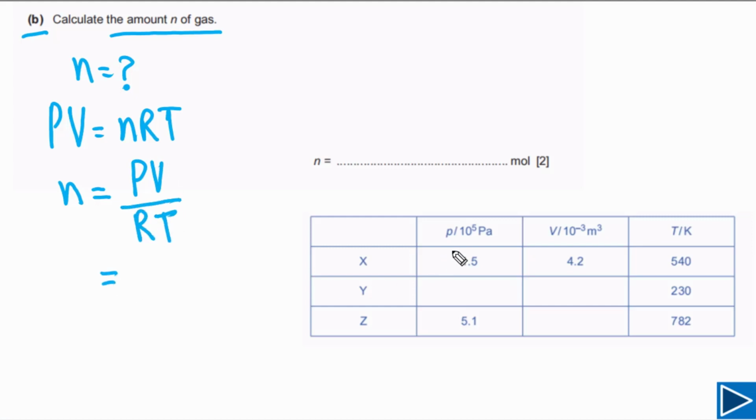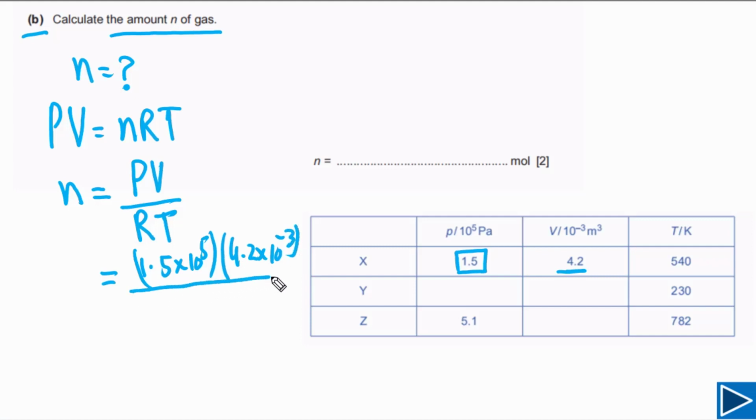For this ideal gas, value of P is given to us. So simply we can plug in values now. We can say P is equal to 1.5 times 10 to 5, and we need to multiply this one with V, and the value of V is given to us, and this is equal to 4.2 times 10 to negative 3, and we need to divide by gas constant, and value of gas constant is 8.31 joules per mole per Kelvin.